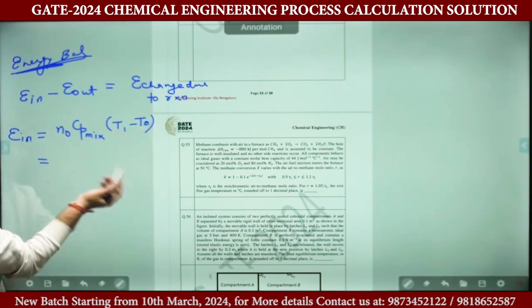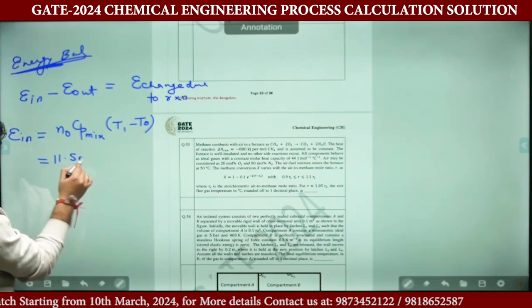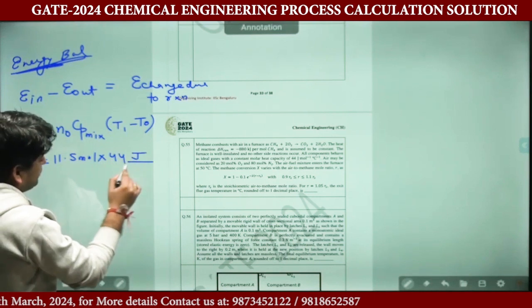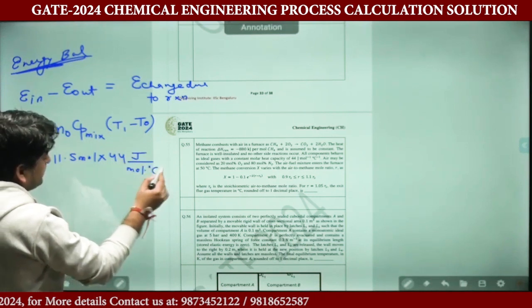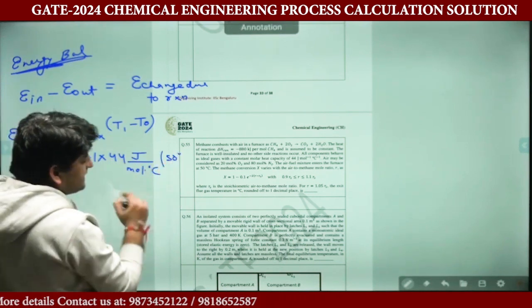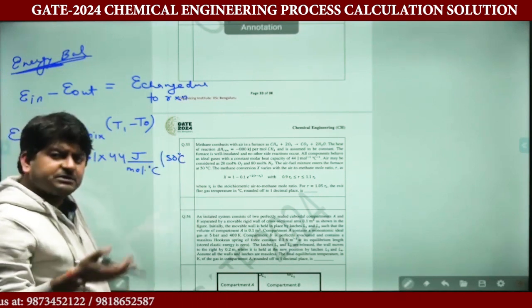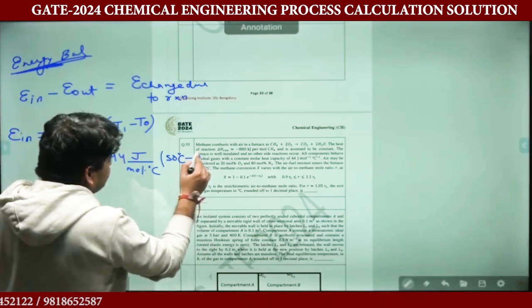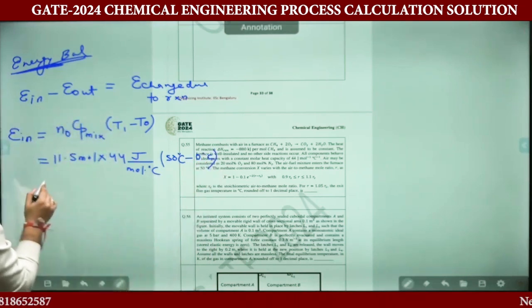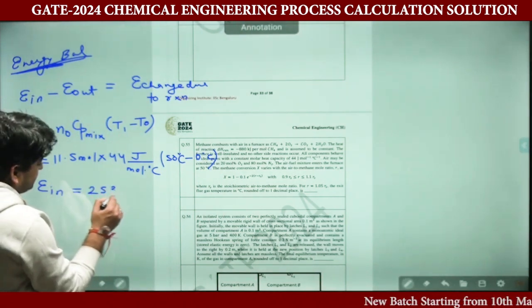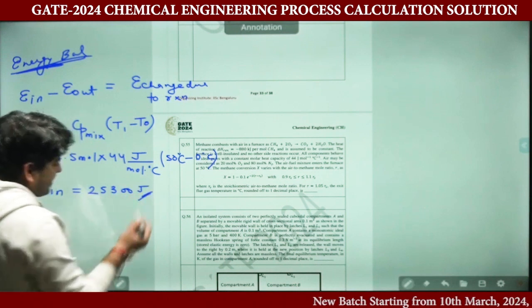So here total moles entered is 11.5. Cp of mixture is given 44 joule per mole per degree Celsius. T1 is 50 degrees Celsius given. T0, they haven't said anything about the reference temperature, so we will consider that as 0 degrees Celsius. So total energy in, here you guys can check, will be 25,300 joule.